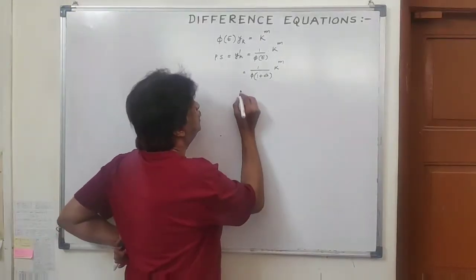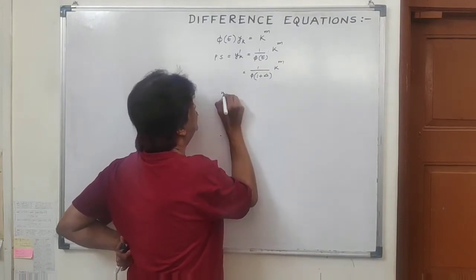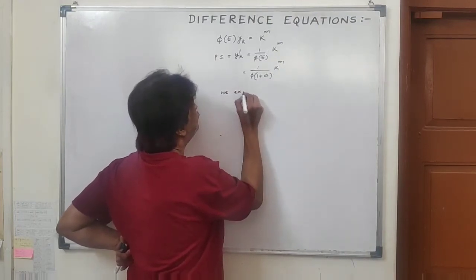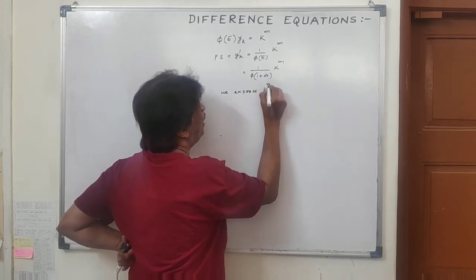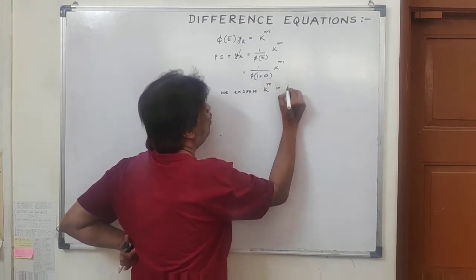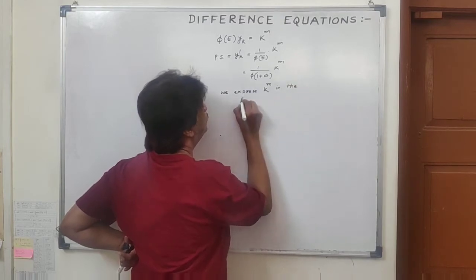Then we express k raised to power m in the form of a factorial polynomial.